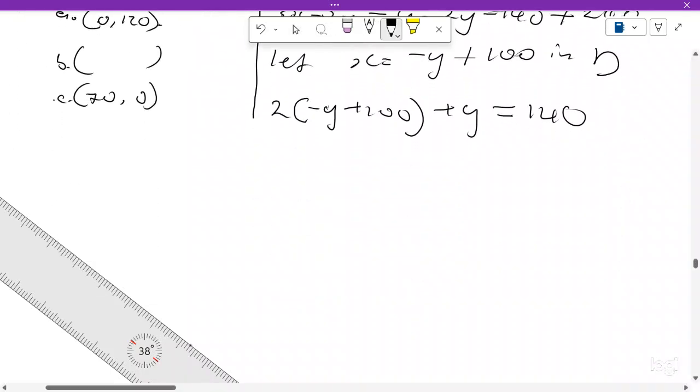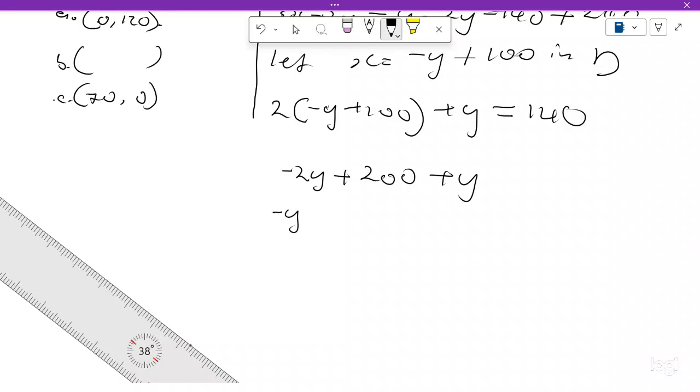So now this is going to be negative 2y plus 200 plus y. Then you can see that we are left with negative y equals to 200 minus 140.